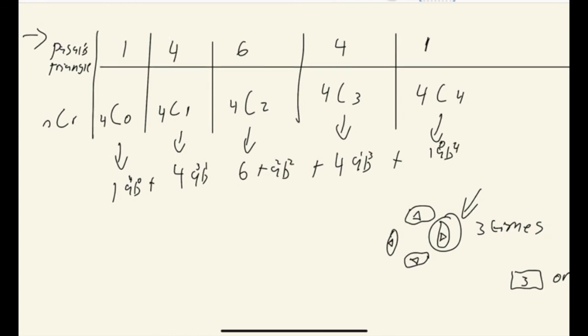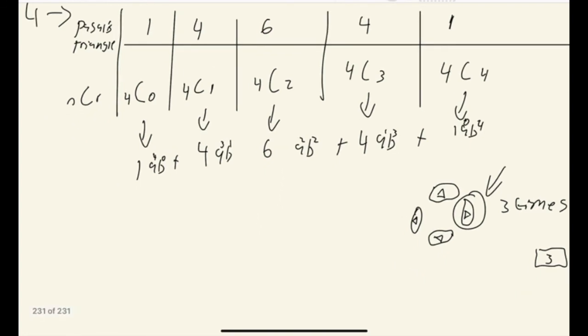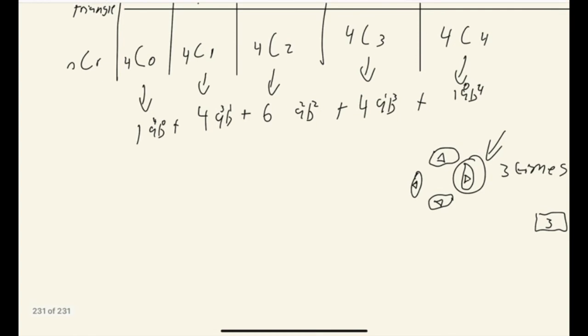So this will give us a to the 4th power plus 4a cubed b plus 6a squared b squared plus 4ab cubed plus b to the 4th power.